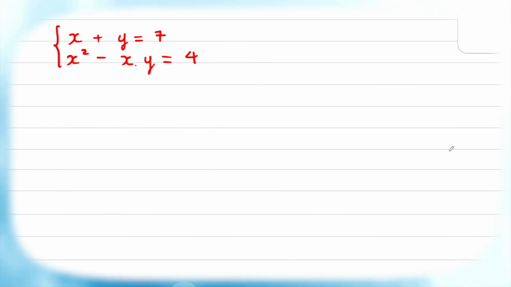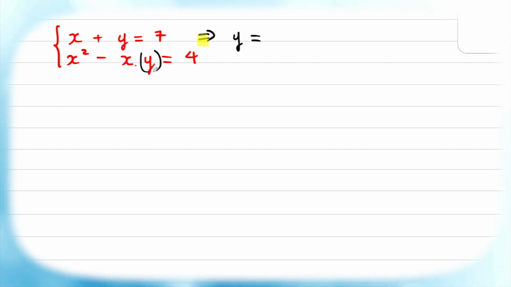And the last question for this video, I think we can make x or y the subject, it doesn't matter, because here x plus y equals 7, they are equally easy. For me, I want to make y the subject, because for this one I have this position.